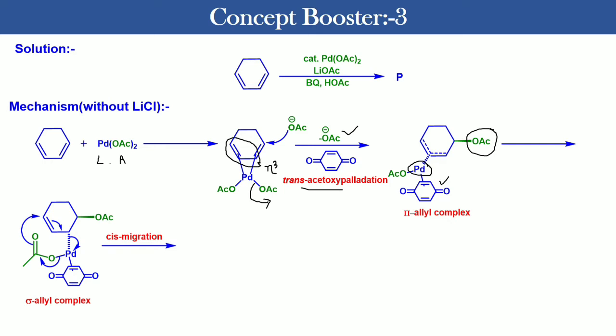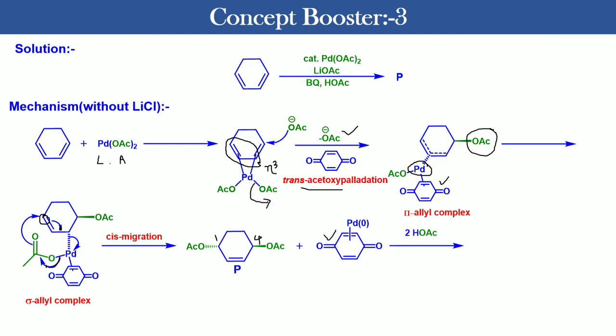The palladium-oxygen bond breaks and oxygen is attached to this carbon, and the carbon-palladium bond breaks. As a result, the 1,4 diacetoxylation product is formed where the acetate groups are trans to each other, and palladium 0 is reformed, ligated to the benzoquinone molecule.